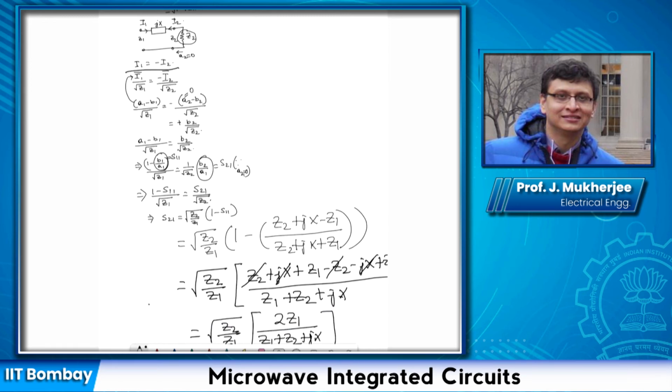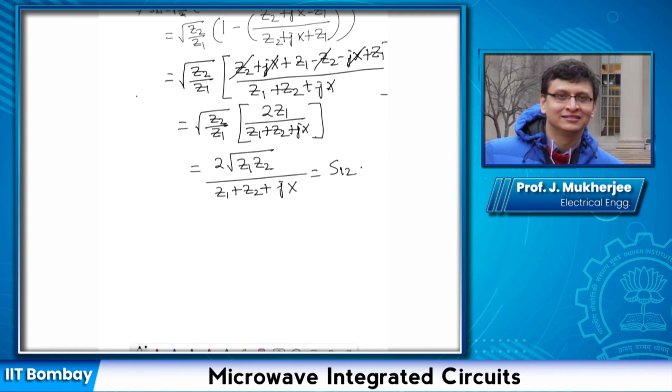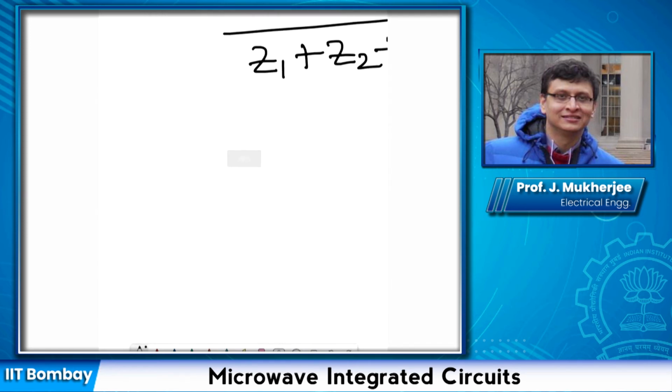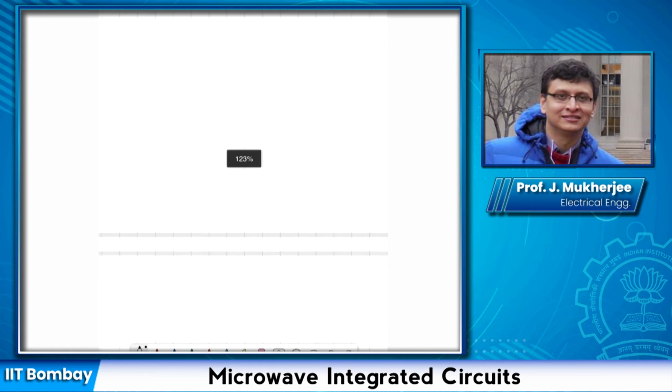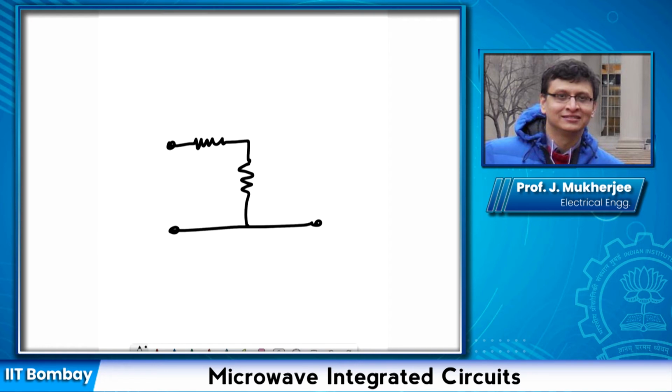But then we can have a more complicated network. For example, let's say we have a network like this. So the characteristic impedance here is Z1 and here is Z2.